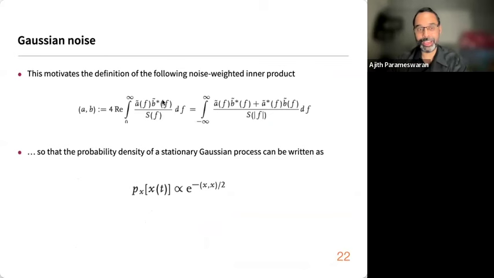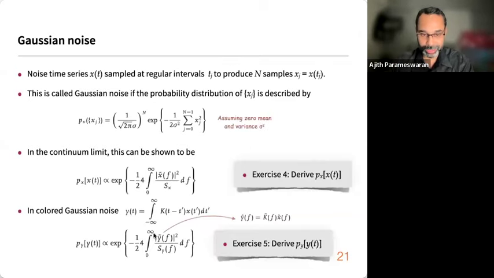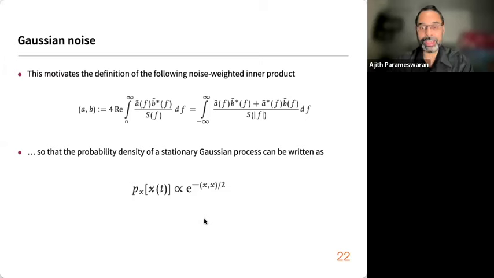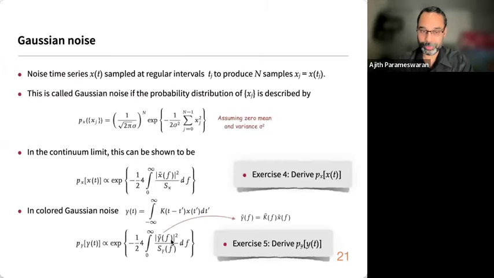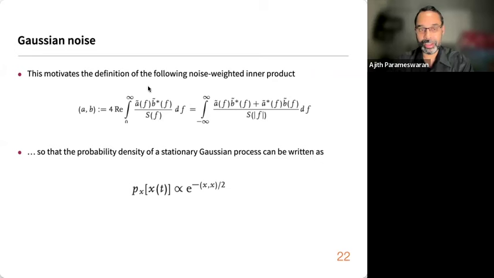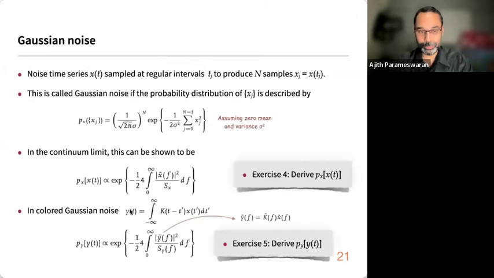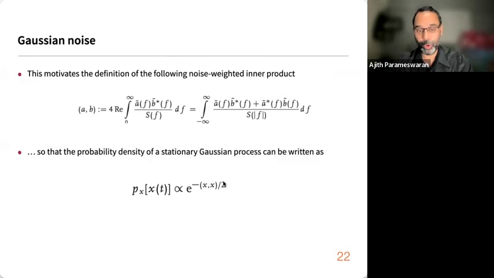So for convenience of notation, if you think of what you see on the right-hand side, it is basically an inner product. If you define the inner product between vector A and vector B as the product of the Fourier transform of A and the complex conjugate of B, inversely weighted by the power spectral density and integrated, then you can write this P of x in this very compact form.